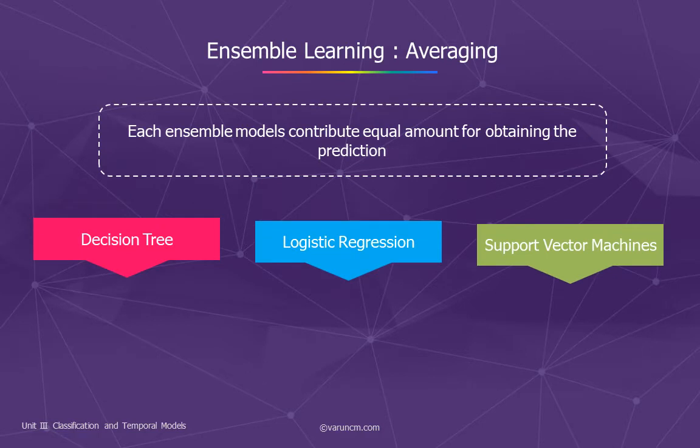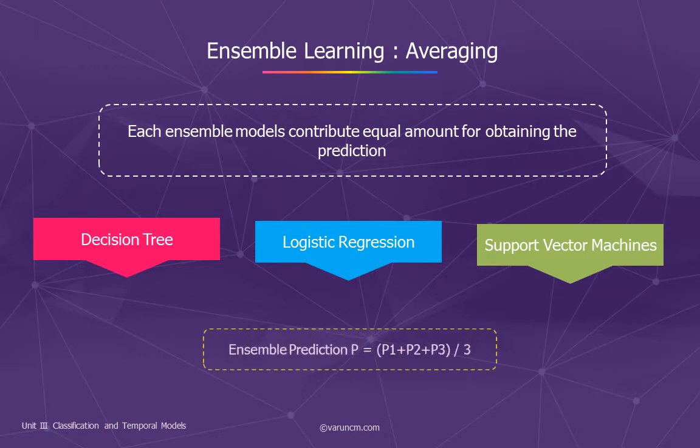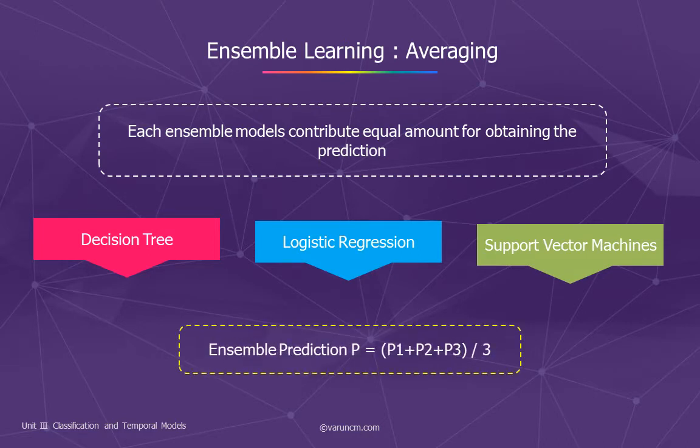Let us look into an example here. I am using three different machine learning models: decision tree, logistic regression, and support vector machines. These three are different machine learning models, and each will give its own predictions, and we are going to get an ensemble prediction by taking the average of these three.